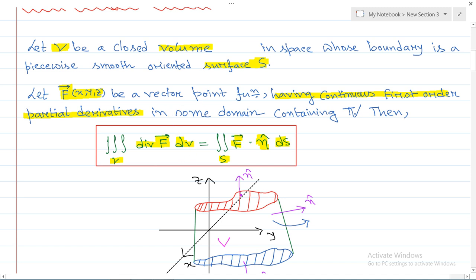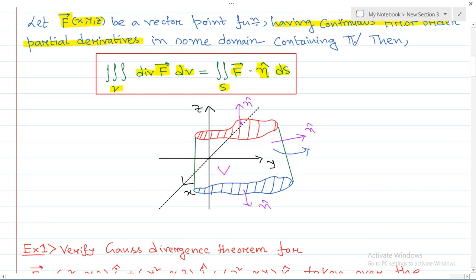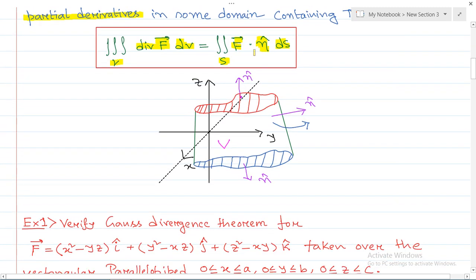So from the Gauss Divergence Theorem we get the idea that the divergence theorem converts a volume integration into a surface integration, where the left hand side gives us the volume integration and the right hand side integral is the surface integration. Now what is the meaning of this n cap? Eta cap or n cap is basically the outward drawn unit normal to the surface.